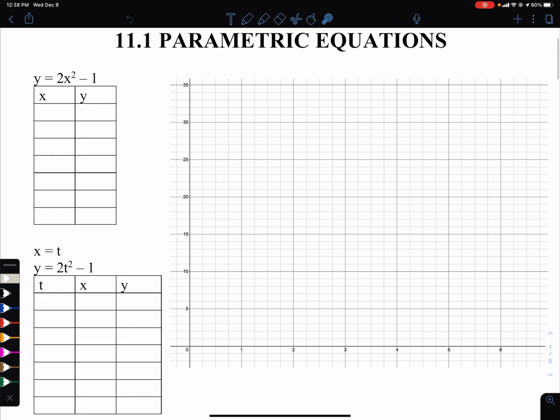So before we talk about parametric, this is your standard equation that you have always done. And all we did is plot points, found the y values, so you plug those in, you get -1, 1, 7, 17, plug in 4 is 31.